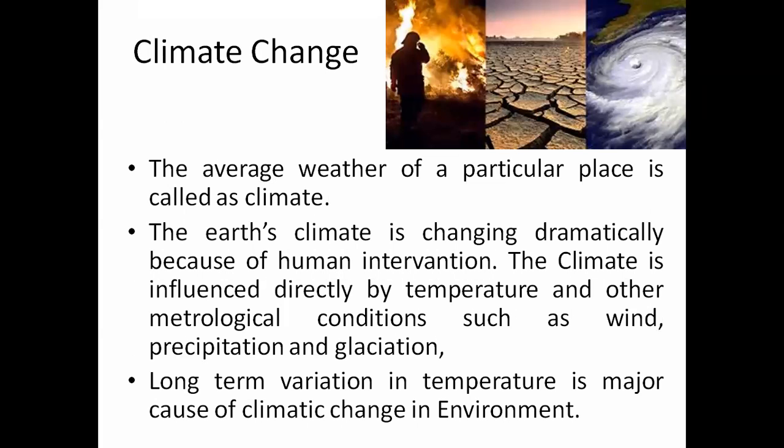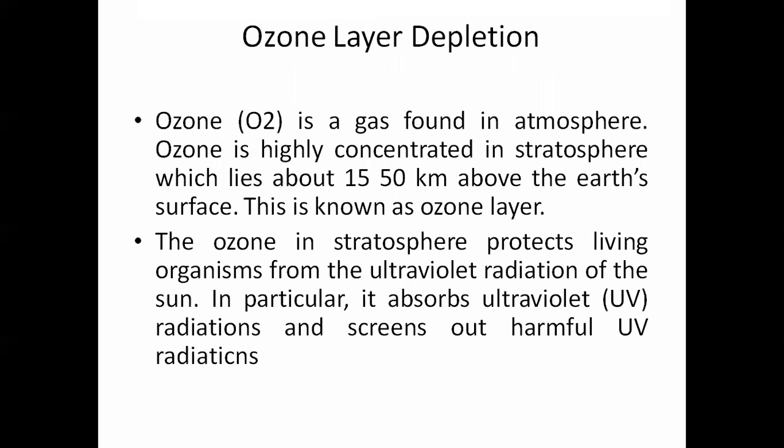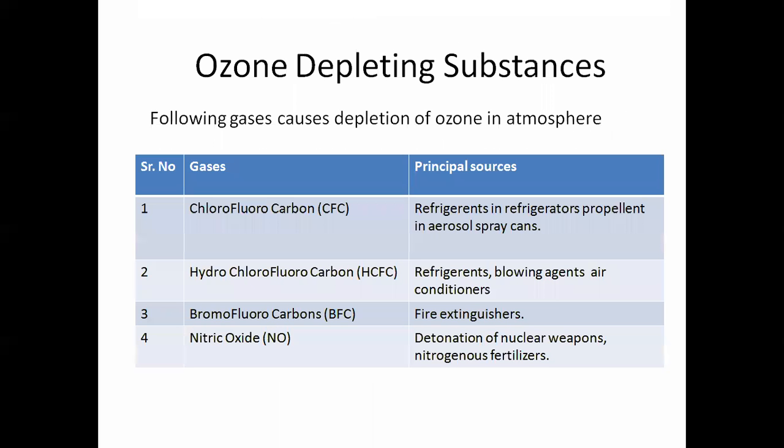Next we studied climate change, the definition and the causes. And with the climate change causes, we mainly studied ozone layer depletion, and we studied the ozone layer effects. First we studied all the 4 major contributing gases for this ozone.